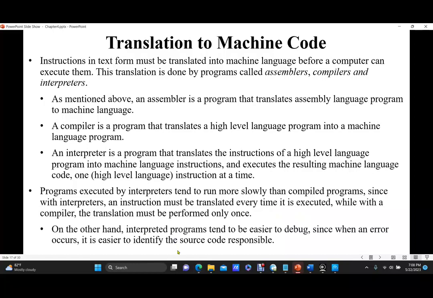On the other hand, interpreted programs tend to be easier to debug, since when an error occurs, it's easy to identify the source code where the error occurred.